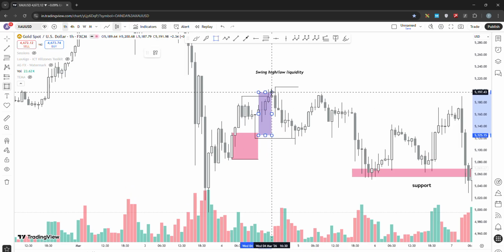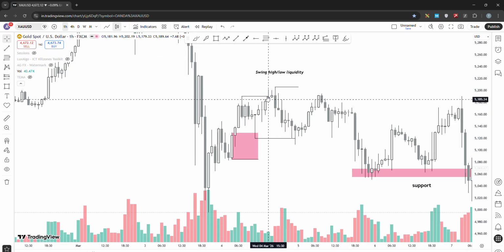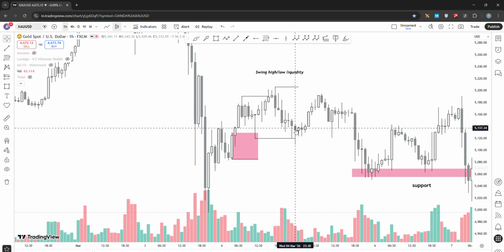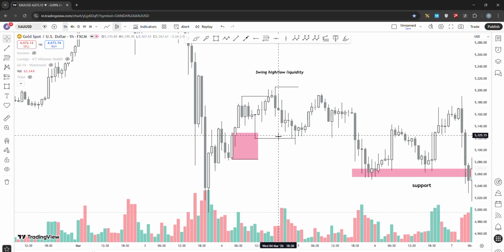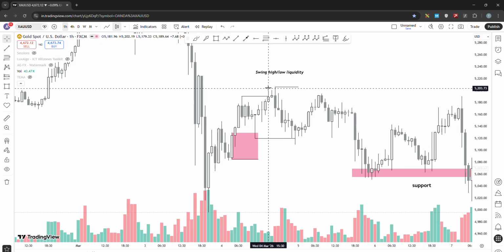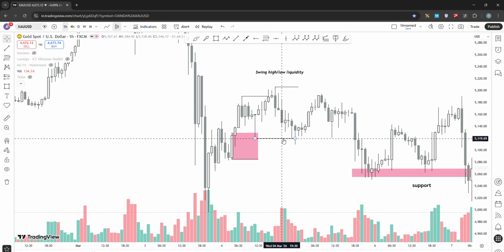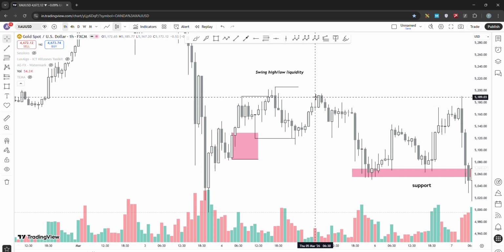But here if you look at this price action, there is no POI that was created, so market came all the way down. And I told you if there is no POI, then you are going to target the last low, and you can see market came all the way down and took this liquidity, and from here market gave a reaction.